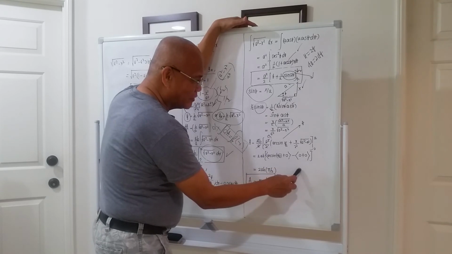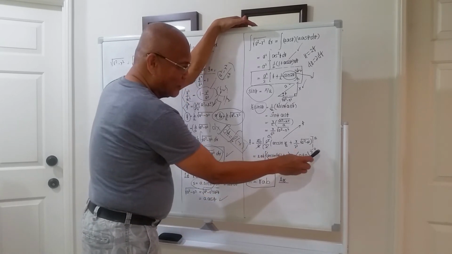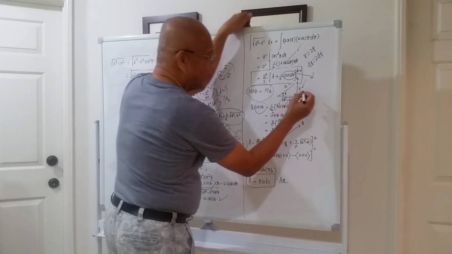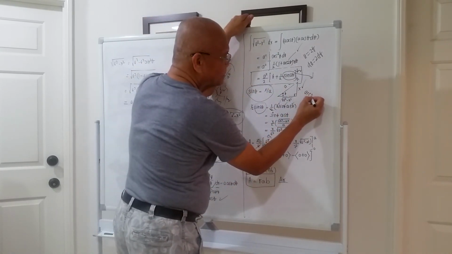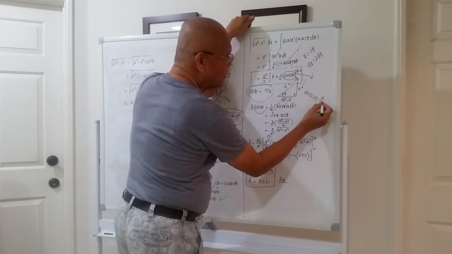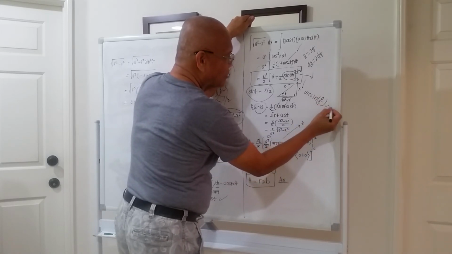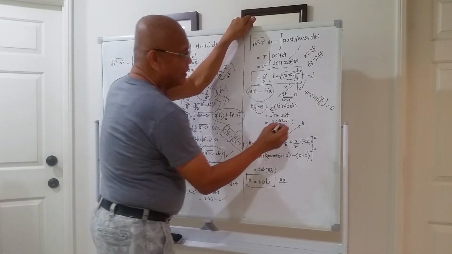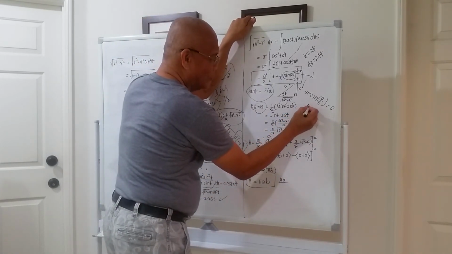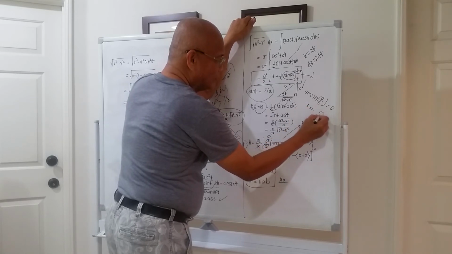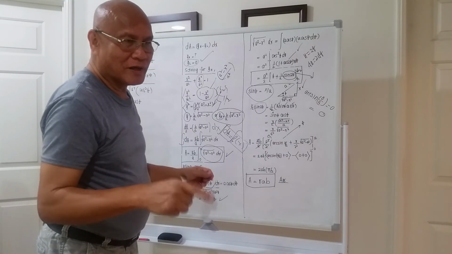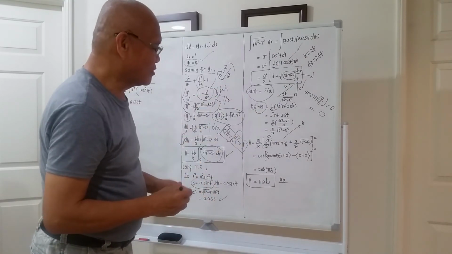Minus, open quantity, we put the lower limit. Arc sine of 0 over a will be equal to 0. What angle in which the value is 0? It's 0. So this is 0.